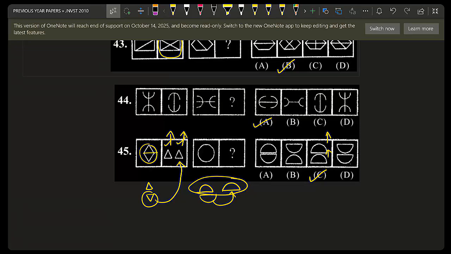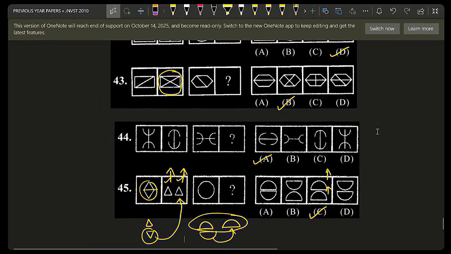Diagonal means a line joining non-adjacent vertices. Okay, sir. Nishika? Sir, I didn't understand 43 question, sir. 43, one diagonal became two diagonals, and the similar pattern of diagonals is there in option B.